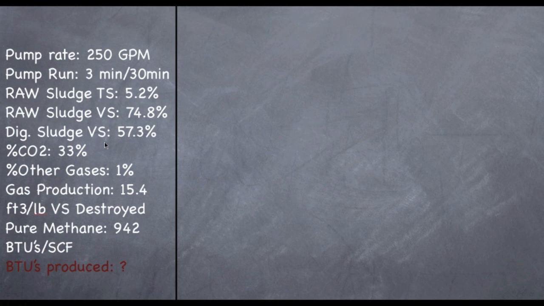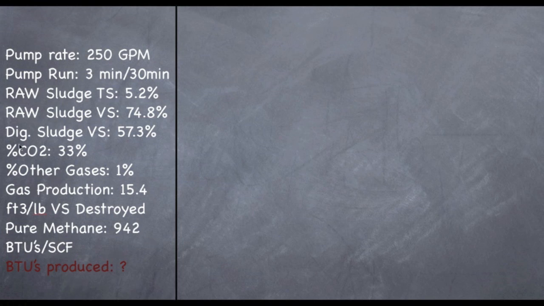The gas that we are producing is 33% carbon dioxide, 1% other gases. So you're to assume that the leftover is methane. And our gas production is 15.4 cubic feet per pound of volatile solids destroyed. And then our pure methane is 942 BTUs per standard cubic foot. And they want to know how many BTUs we are going to produce in one day.